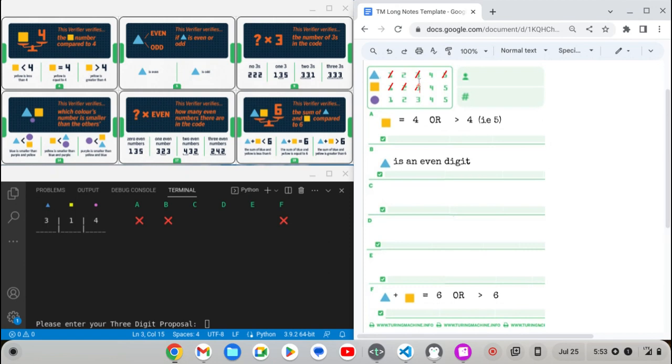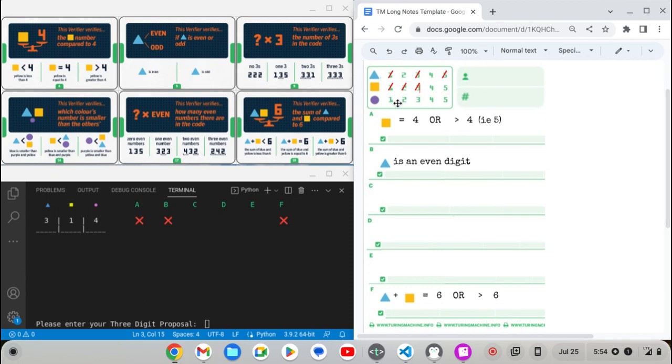I guess you could say maybe it's 6 and there are no odds, so it could be 2, 4, 4, and that would be the only way to get 6. 2, 4, 4. But yeah, right. And if triangle were the smallest, yeah, it would be 2, 4, 4. This 2 would not fit into by the smallest triangle.